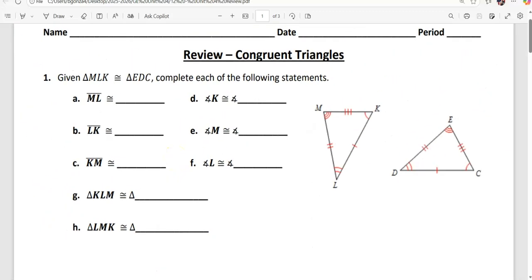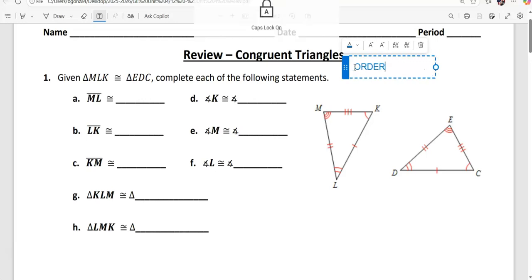All right, so your review for congruent triangles. Now remember, this is a very important thing you have to know. Order matters.